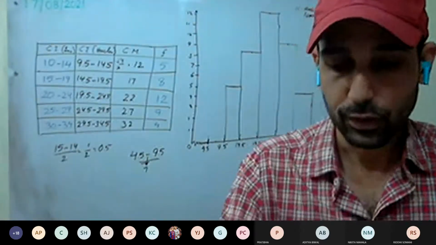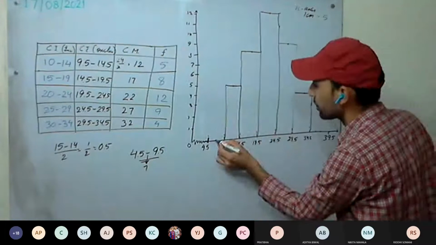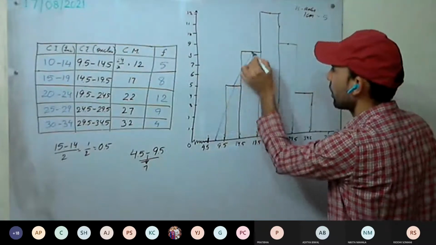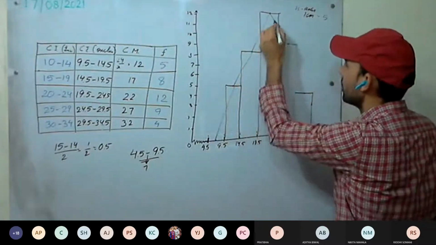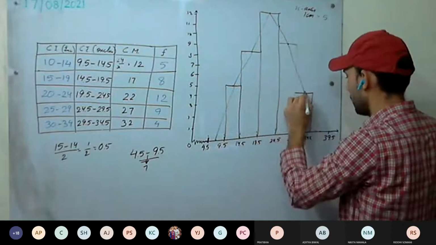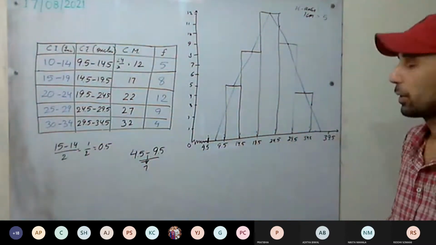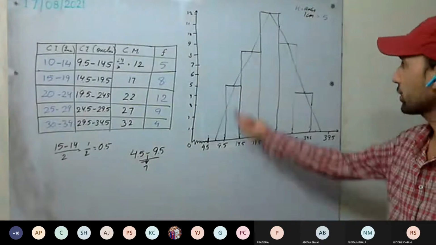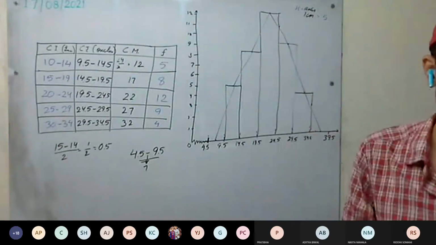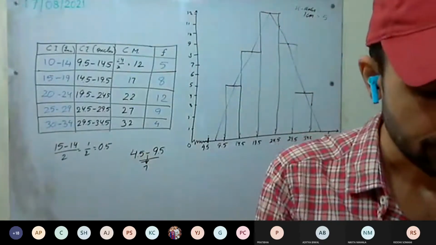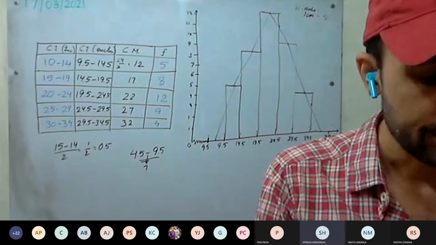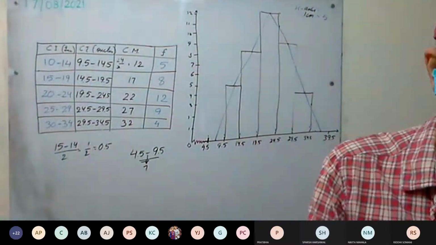Everyone join it. This is what we are getting, the frequency polygon, the blue line. Have you all understood? Okay, then try the fourth one.